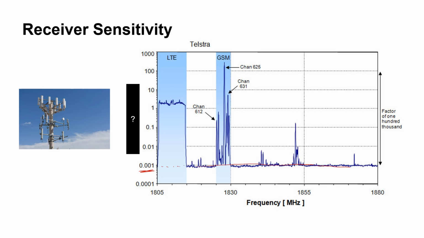So whatever we can receive that is 3 dB above this level should be readily detectable by the receiver. But as you can see, the signal that we receive in the LTE band is pretty high power, plus the signal that we receive on multiple channels of GSM is also pretty high power. So these signals are detectable by the receiver.